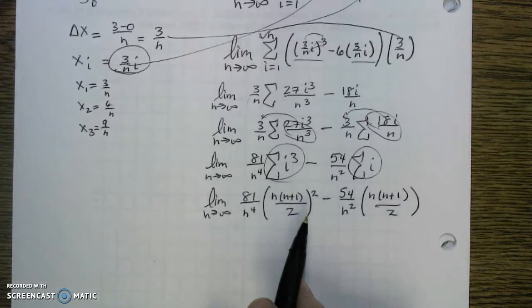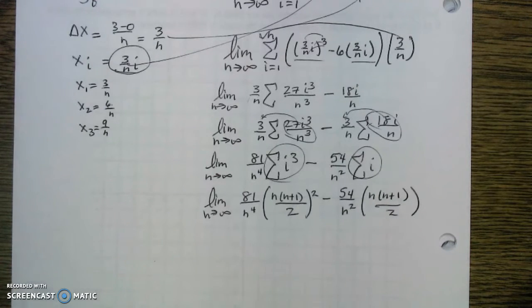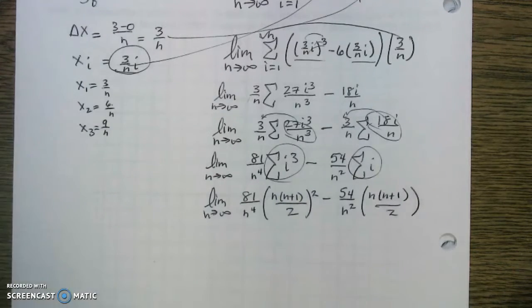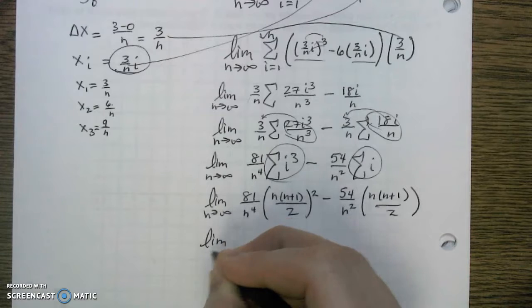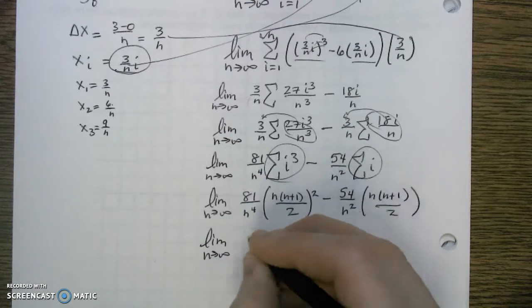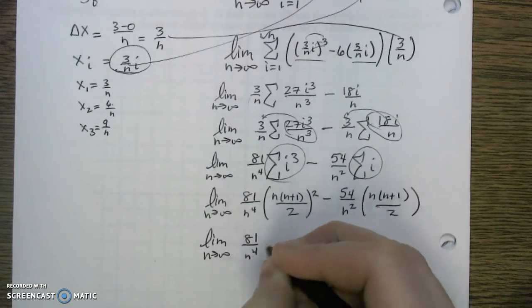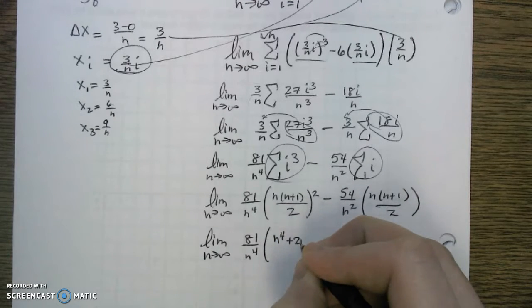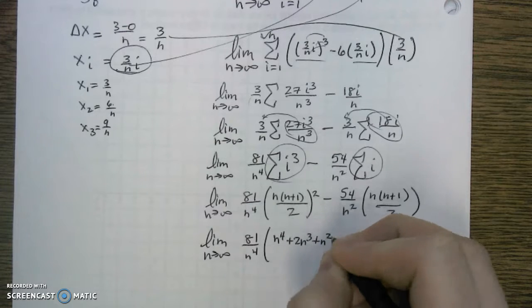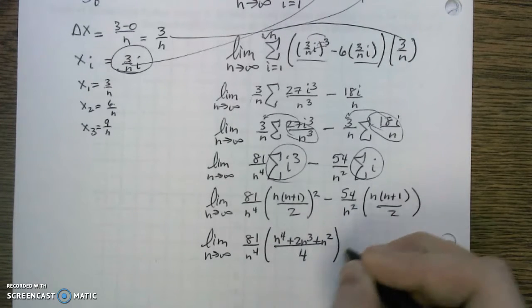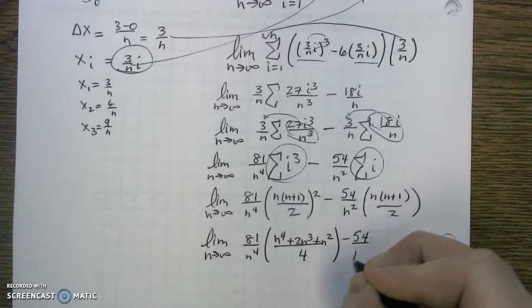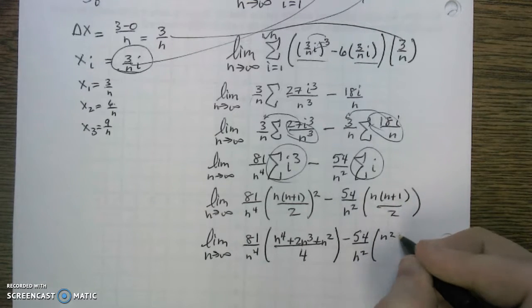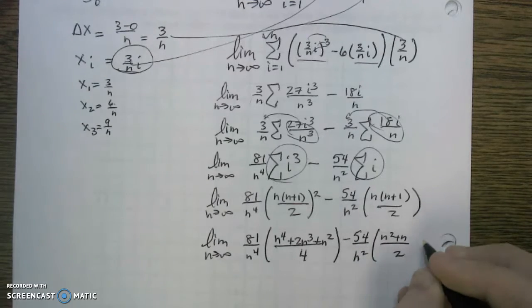And now if you simplify these, so if you distribute your n and square it, then you end up getting n to the fourth plus 2n cubed plus n squared over 4. And you get, if you distribute your n, n squared plus n over 2.